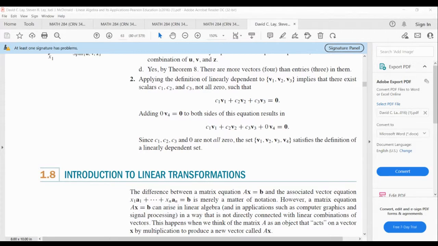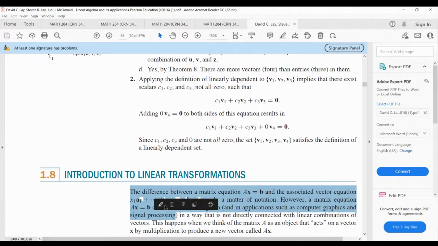Okay, so they say here the difference, and maybe I'll highlight it. The difference between a matrix equation and the associated vector equation is merely a matter of notation.